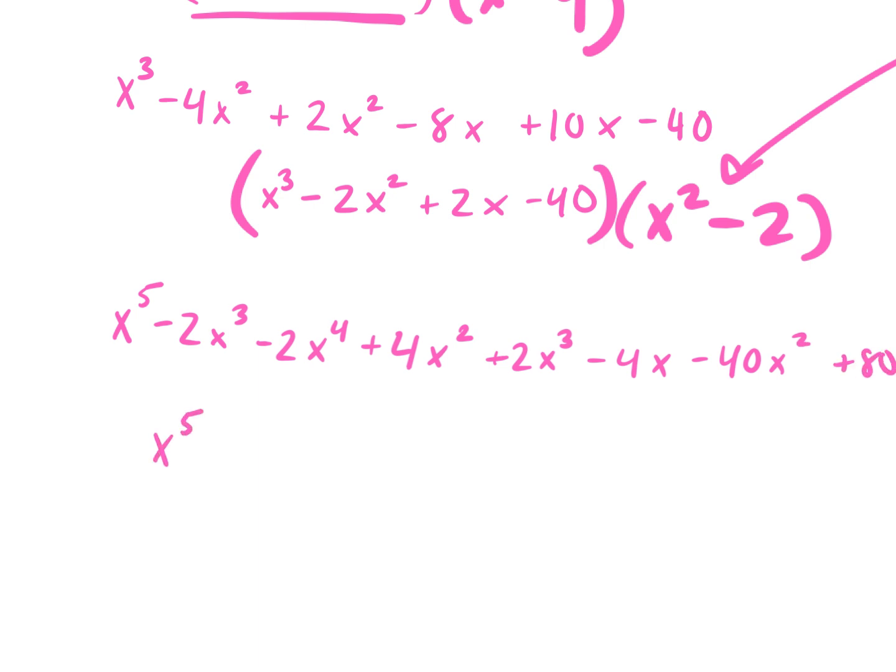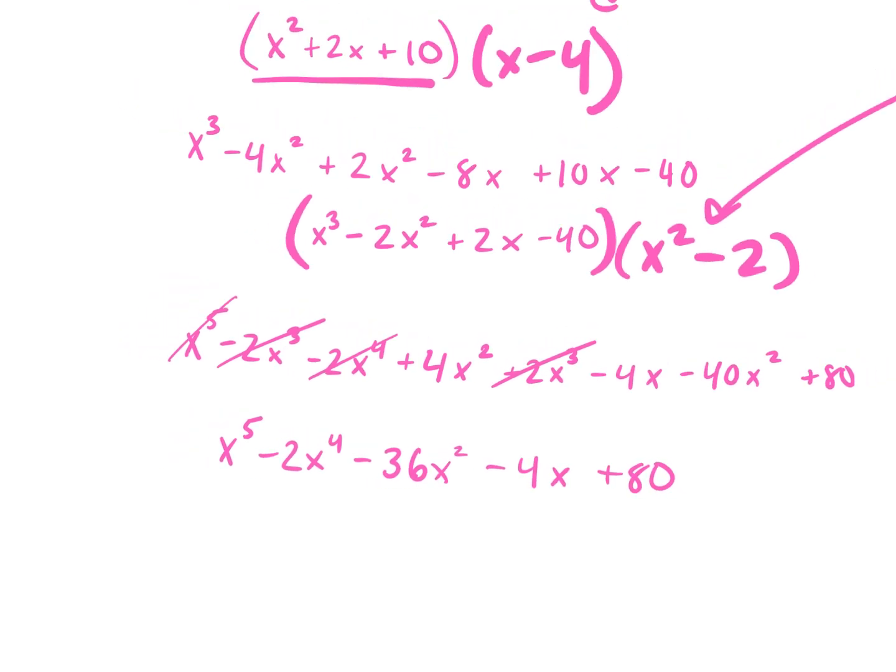So x to the 5th power, I'm just combining it and putting it in standard form. Minus 2x to the 4th power. The 2x cubes cancel. We have a negative 2x cubed and a positive 2x cubed, so those cancel out. 4x squared minus 40x squared would be minus 36x squared minus 4x plus 80.